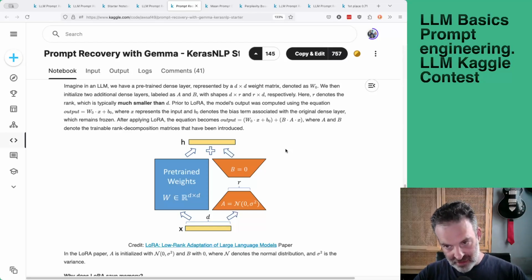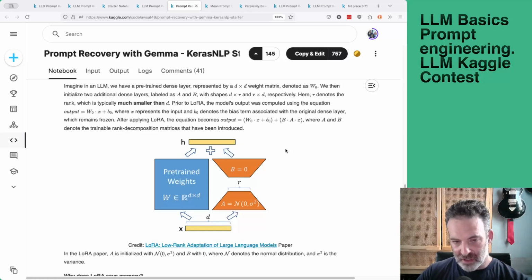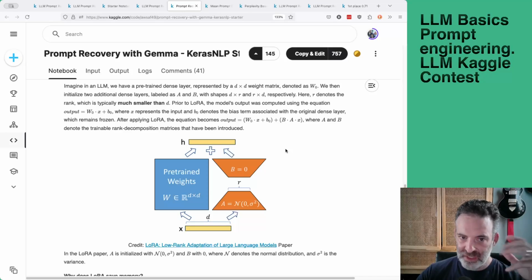LoRA combined with quantization, as we saw in an earlier notebook, is the way to go. Typically, what you'll see in practice is you take one of these huge LLMs, quantize it to reduce the file size to begin with, and then use LoRA to retrain it. So the technique is now called quantized LoRA.